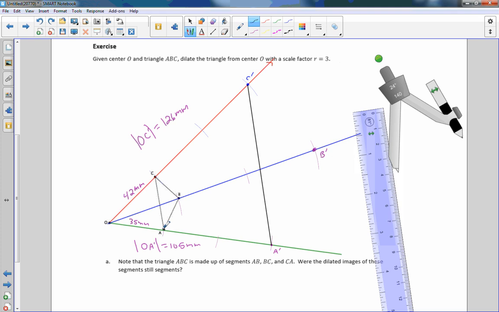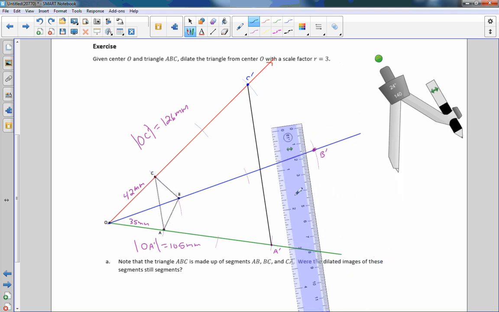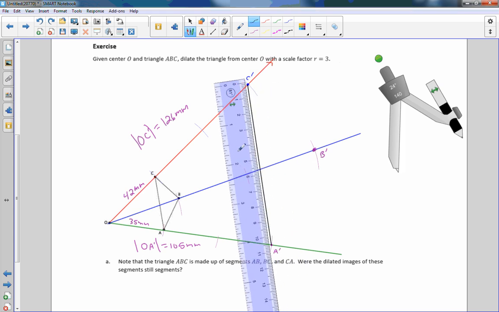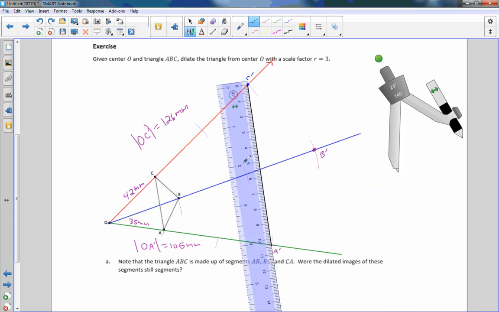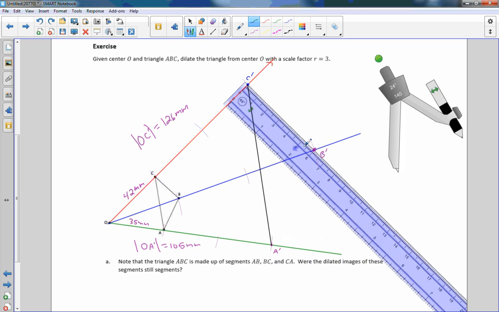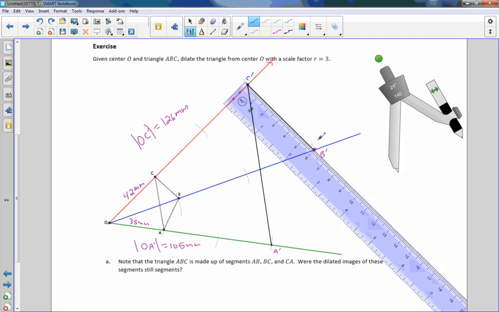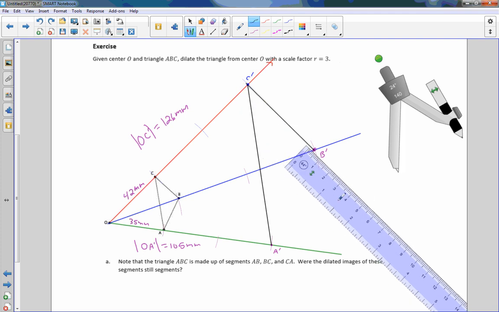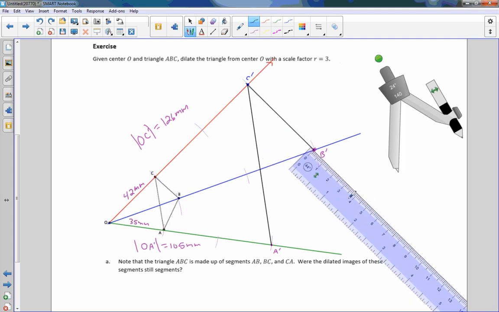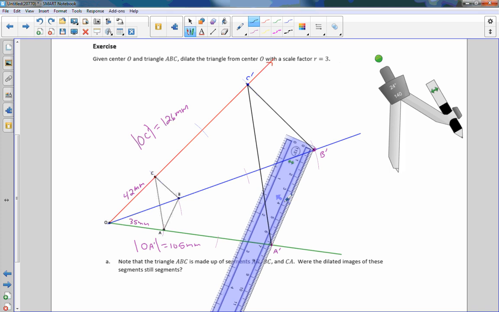AC is this length. This should be 3 times as long. Now I'm going to do the same with drawing a line segment from C prime to B prime. It does not like it when there's ink already there. It won't let me track. So there it is there. And then now that I move this down to here at 0 and rotate, I'm going to end up with this triangle here.